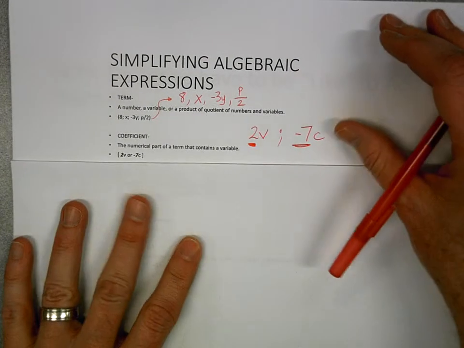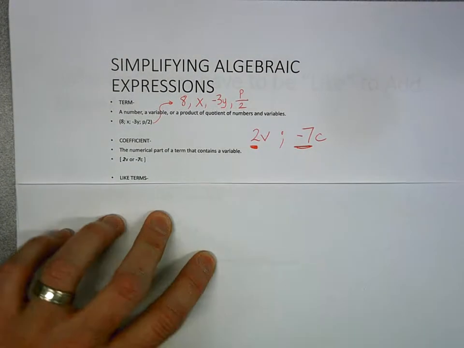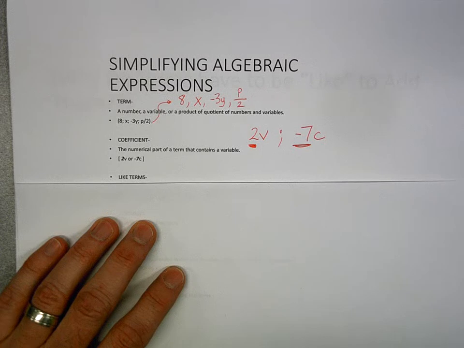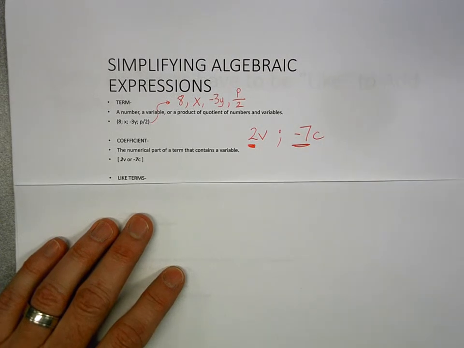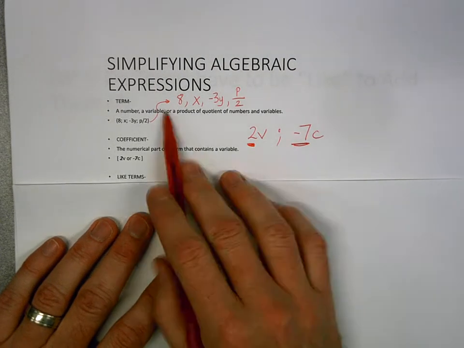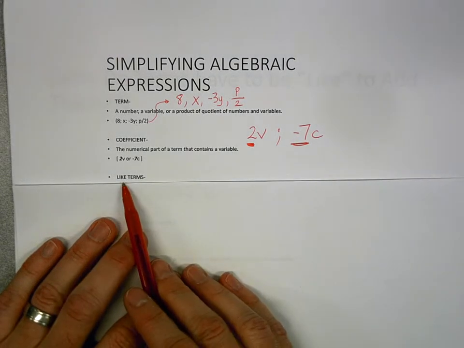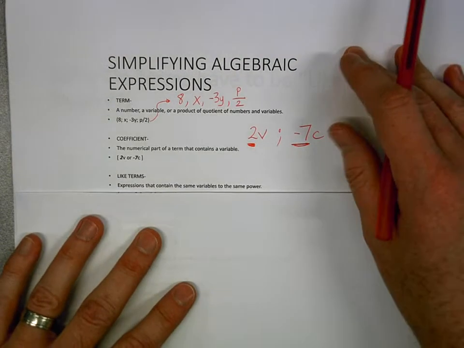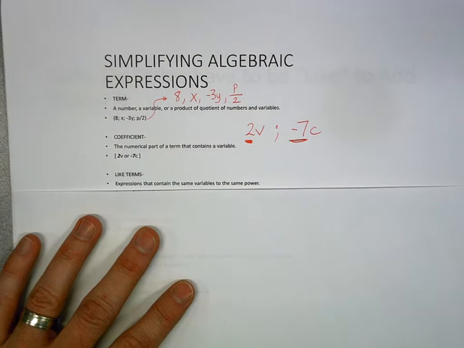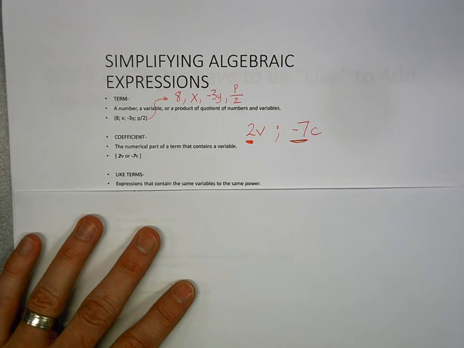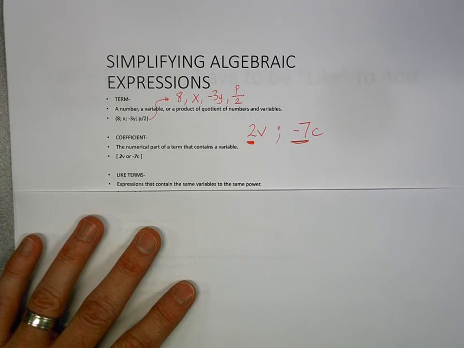Our next vocab phrase is like terms. We know what a term is, but what is a like term? Here's what the book says: these are expressions that contain the same variables to the same power.